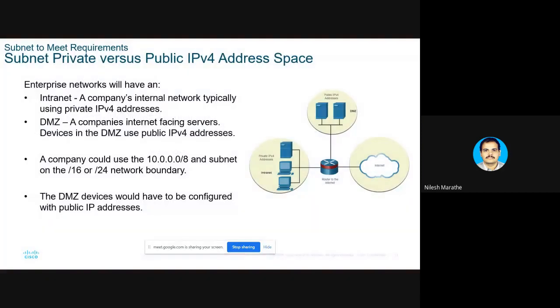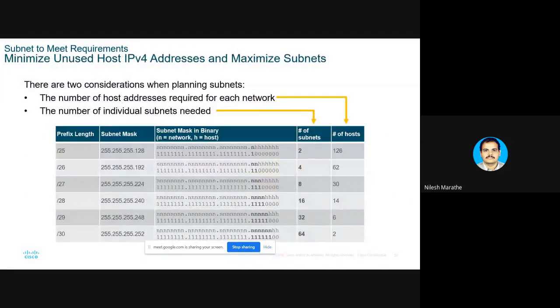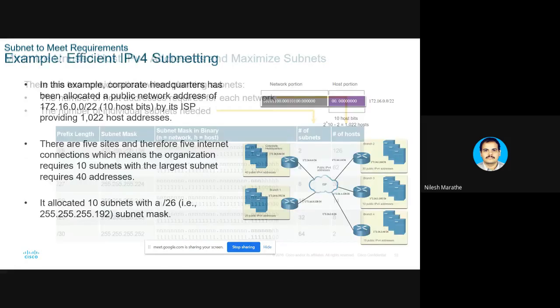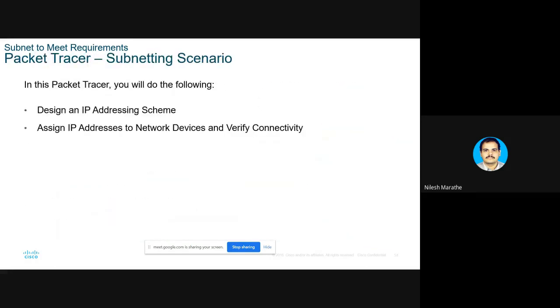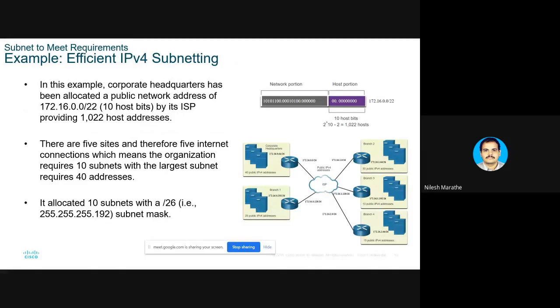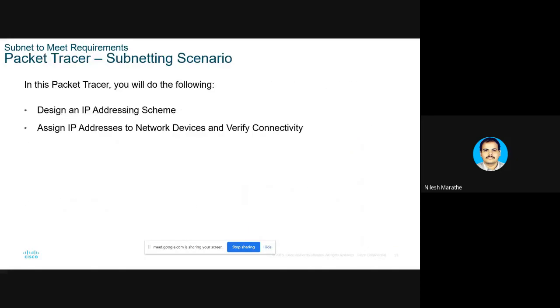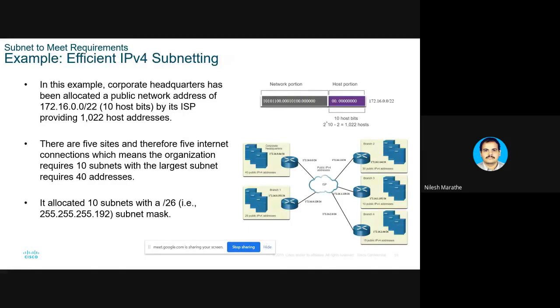Subnetting to meet the requirement. Let us go for this. The number of individual subnets needed and the number of host addresses required is what is given, and as we go on increasing, how it is done. We will take a problem and see this. Efficient IP. Let me talk about one particular problem.